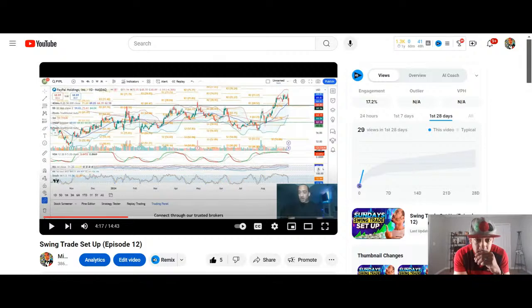All right, so PayPal looked like it was at, I don't know what that is, whatever that blue line is, probably the 100 or something like that. And it looked like I got a line drawn through it. So maybe that line is still there in my chart. But it's right there at the MA, long red candle.